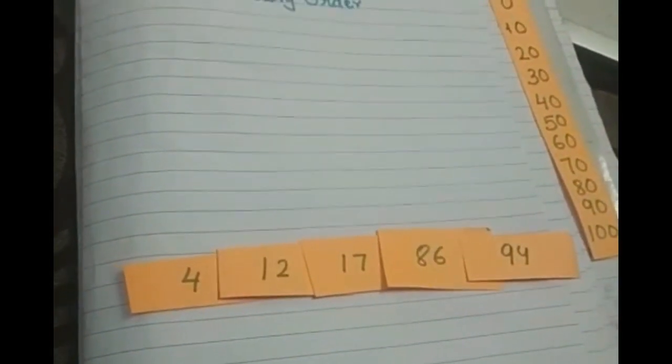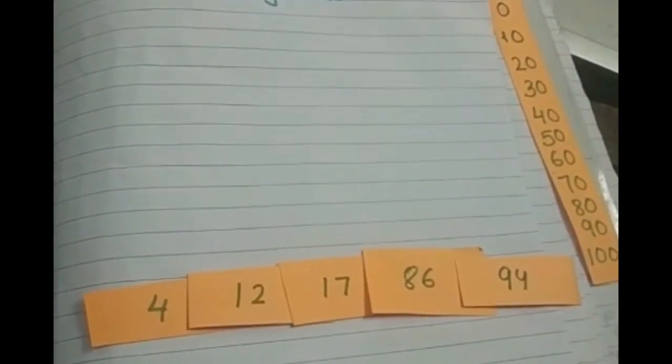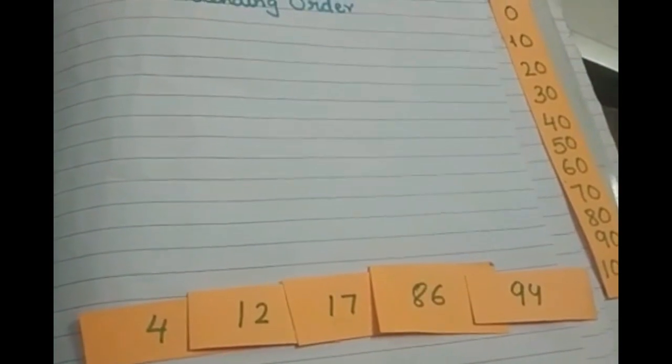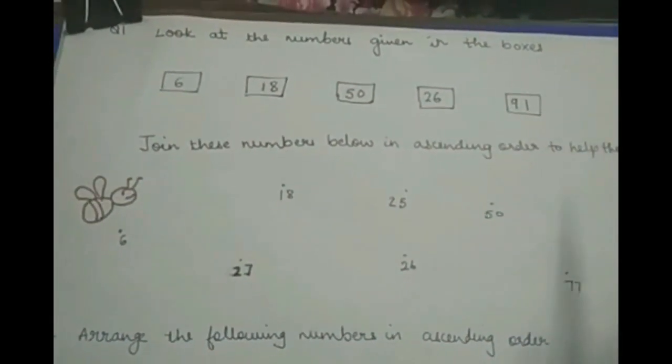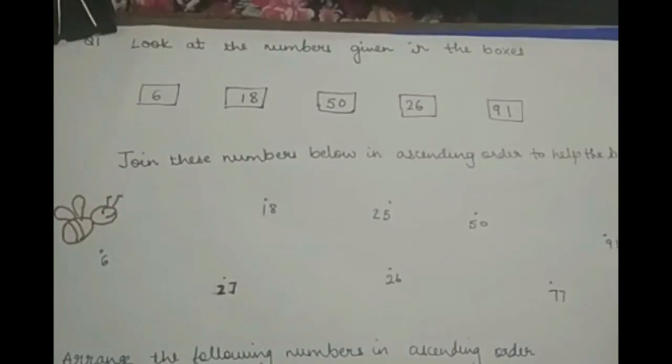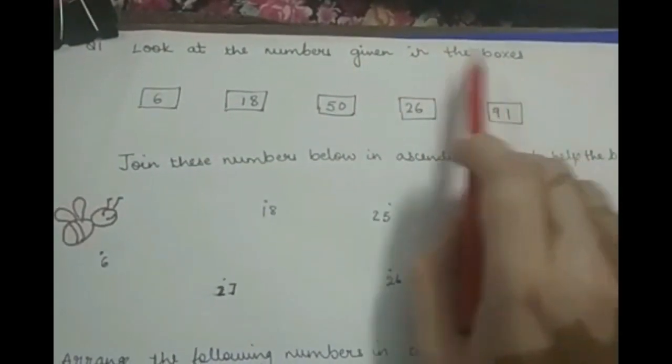Very well. Now we are going to see today's maths practice book work as well. How we are going to solve them? Let's see that. So children, this is the replica of today's maths practice book work. Let's read them out. Question 1 says, look at the numbers given in the boxes.